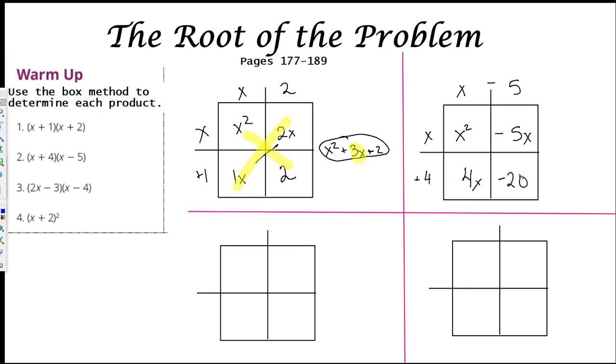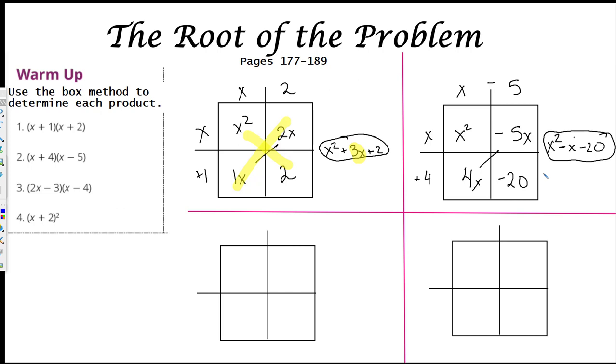So we can check our diagonals. We have a negative 20x squared in both diagonals, so that matches. When we combine, we end up with x squared, the sum of the diagonals, which is negative x, minus 20. And this diagonal is what created that centerpiece.